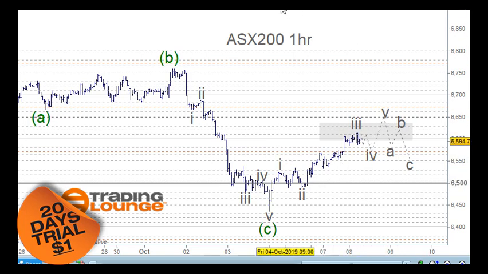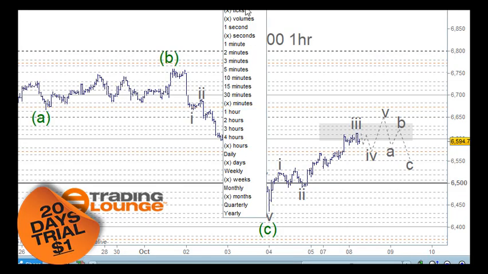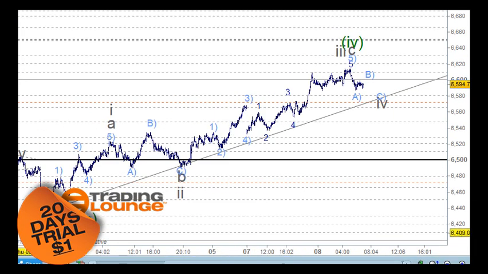So drilling down into this like we did yesterday, we're looking at it like this here. From the low here, on the bearish side, we could look at it as wave 3 still coming up to wave 4, or we need to look at it as a low being in place as wave C here.